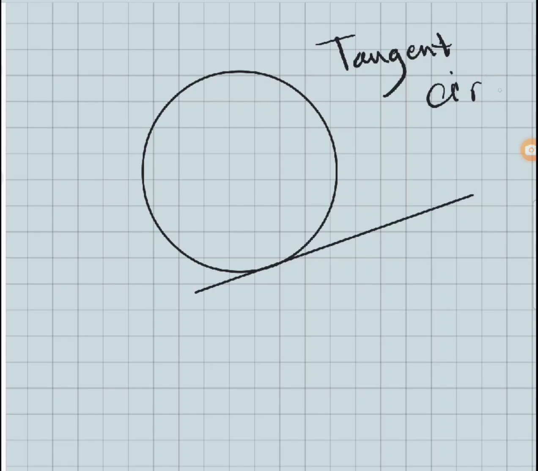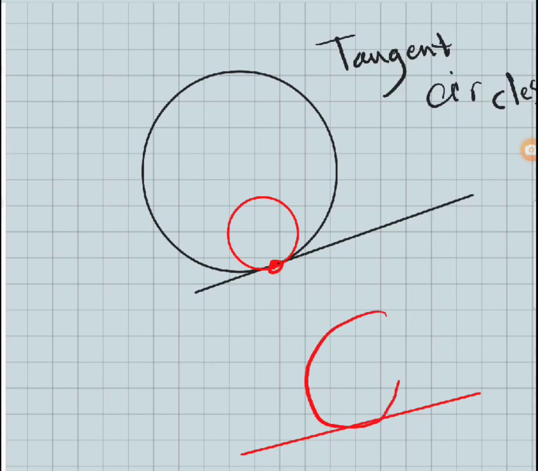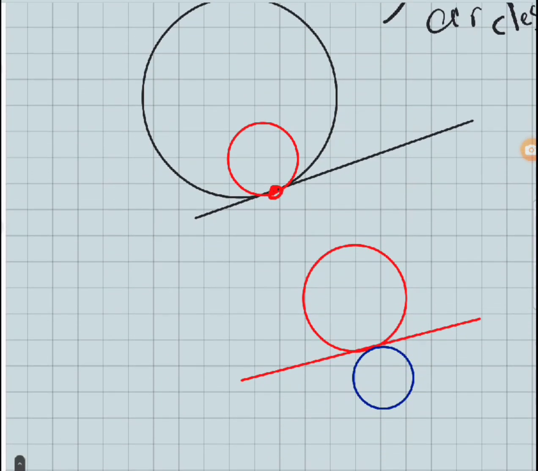So those two circles are tangent because they intersect at this point right here. And here's another example. Those two circles intersect at this point. So these are tangent circles.